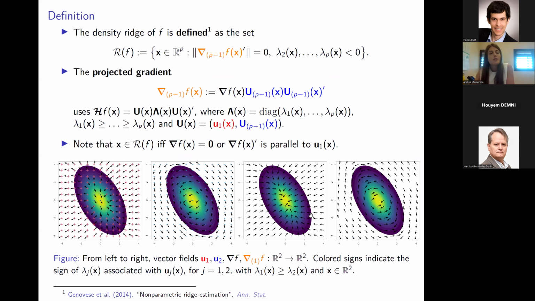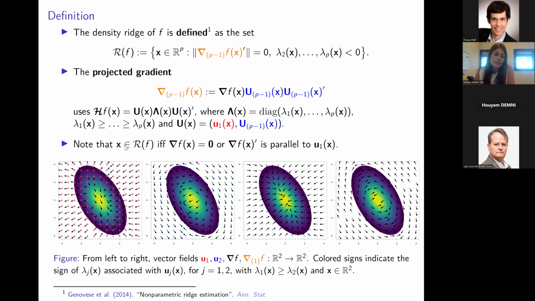The formal definition of density ridges is provided in this slide. The density ridge of a density f is defined as the set of points such that the norm of the projected gradient is equal to 0, and such that the eigenvalues of the Hessian matrix of the density function f are negative, except the first one.